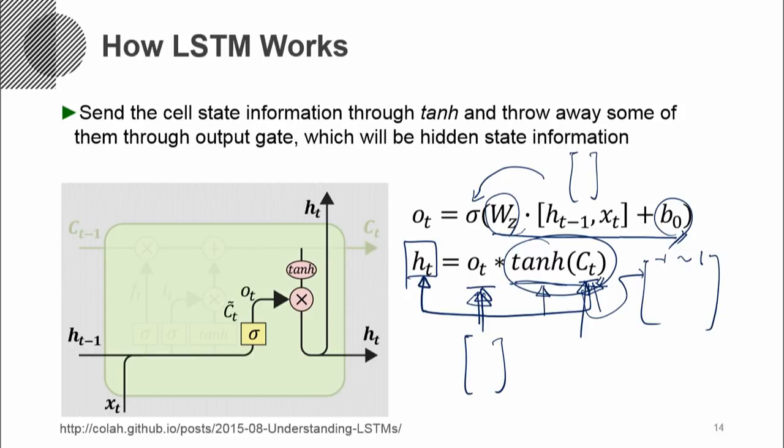If we consider the previous example of Jane said hi to John, at the last time step we have to generate the output John, and that information is kept in our cell state information. But in the middle of the sequence, when generating the other output words, they do not need the information about John.